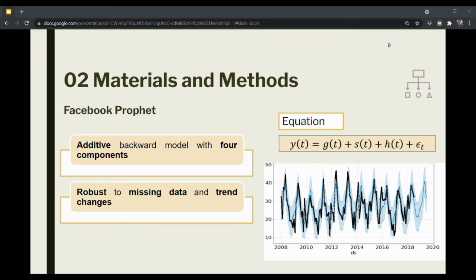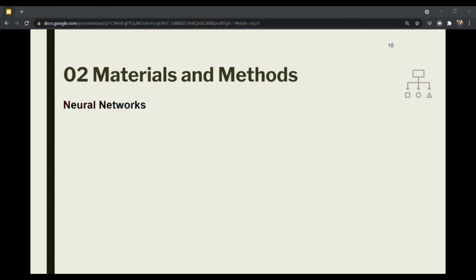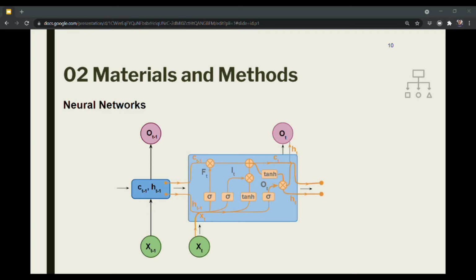Recurrent neural networks are a type of neural network used to process sequential data. Long short-term memory, LSTM, compensates for the problems of vanishing gradient, exploding gradient, and insufficient long-term memory of RNN. It can make full use of long-distance time sequence information.